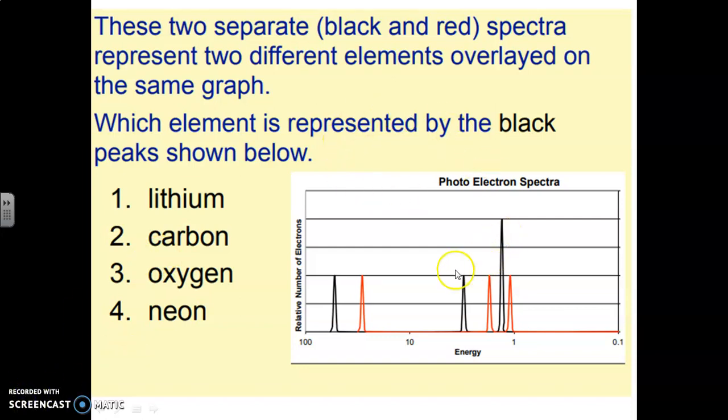Now see if you can determine which one the red is. If we look at the red, and again you can pause it and do it yourself and see if you're right, this is again the 1s2. This is the 2s2, and this is the 2p2. I'm sorry, I can't even count myself today. So 1s2, 2s2, 2p2.